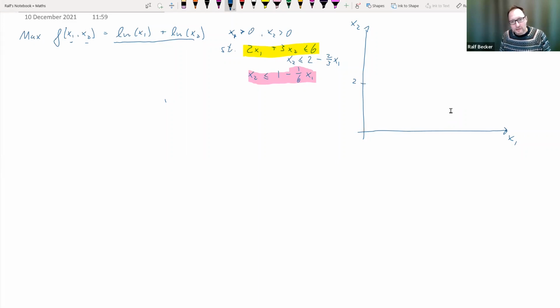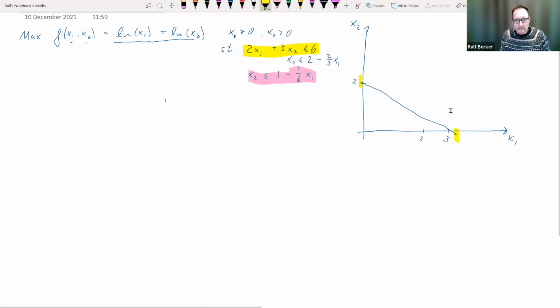Well, when x1 is equal to 3, then we have 2 minus 2/3 times 3, so that's 2 minus 2, and that's 0. So if 2 is here, perhaps 3 is here. So this line will go like this. Okay, so this is this yellow constraint.